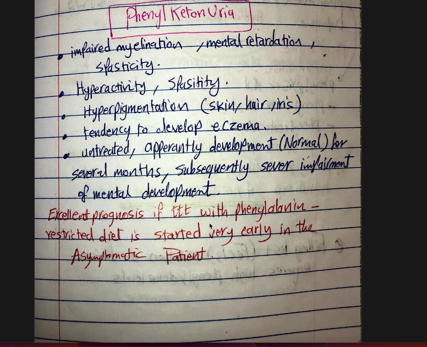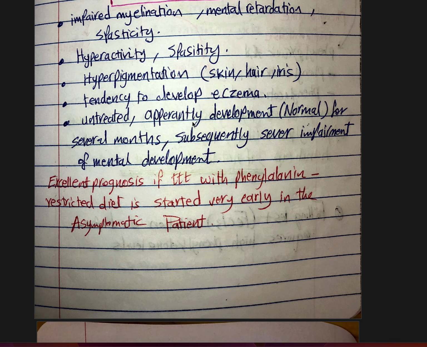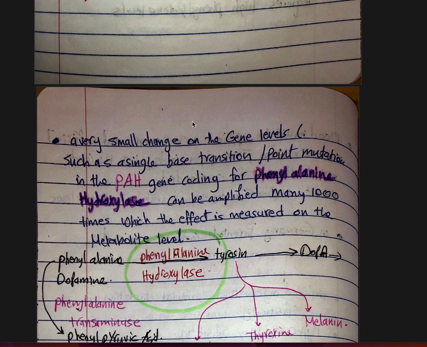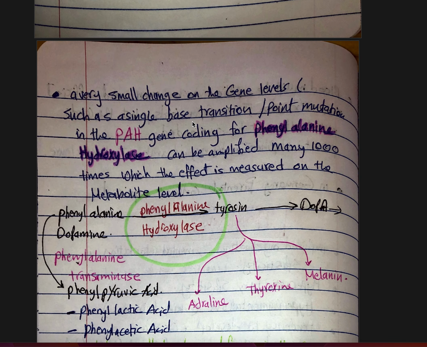There is an excellent prognosis if treatment with a phenylalanine restricted diet is started very early in the asymptomatic patient, which prevents the appearance of all these symptoms. So we just save the patient, like a fetus, I mean here.